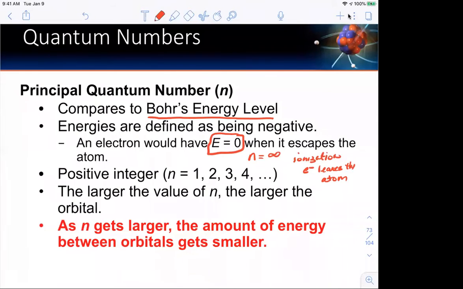I can calculate ionization energies using the Rydberg equation if I set n final equal to infinity. Again, these values are positive, and the larger the value of n, the larger the orbital. As I mentioned, as n gets larger, the amount of energy between the orbitals gets smaller and smaller.